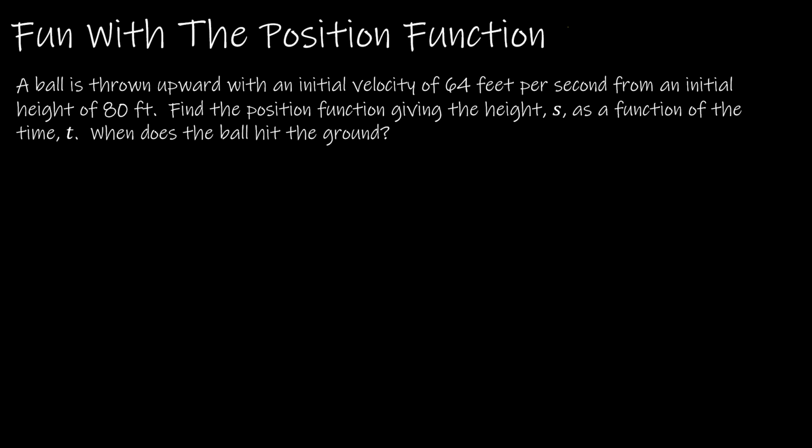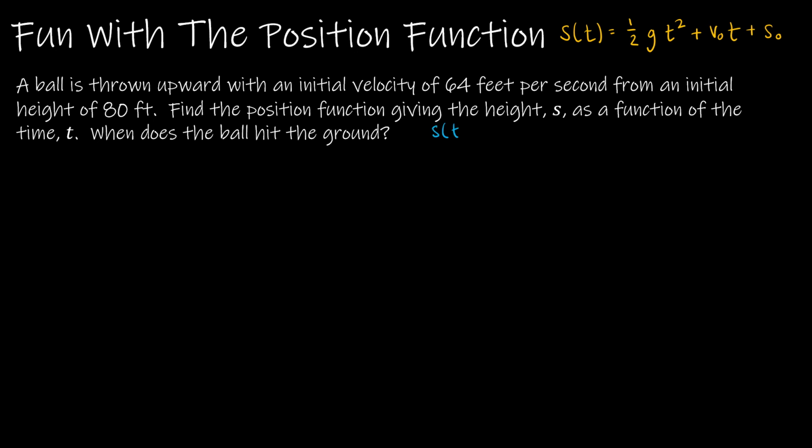So just as a reminder, in case we've forgotten, the position function with respect to time is 1/2 g t squared, where g is the gravitational constant, plus the initial velocity times t plus the initial height, starting height at time 0.